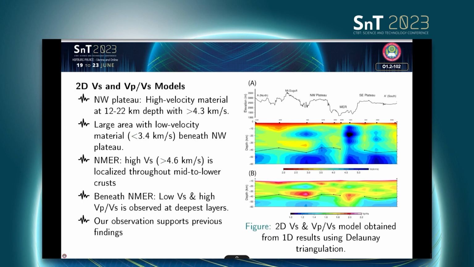A similar phenomenon is observed in the main Ethiopian rift, where high magmatic intrusion is observed in the rift system, and it is also observed in the western part of the rift system, where a few earthquakes are observed and the rift is facilitated.